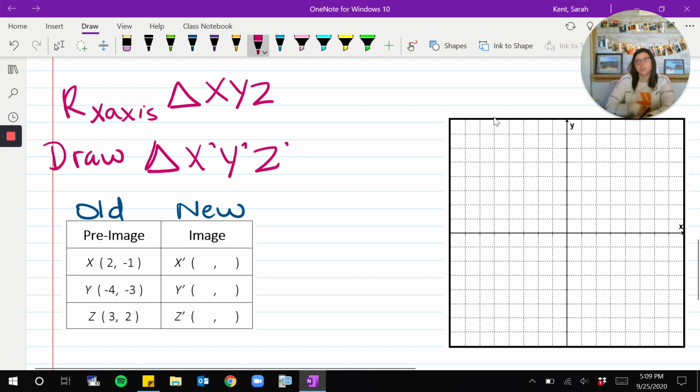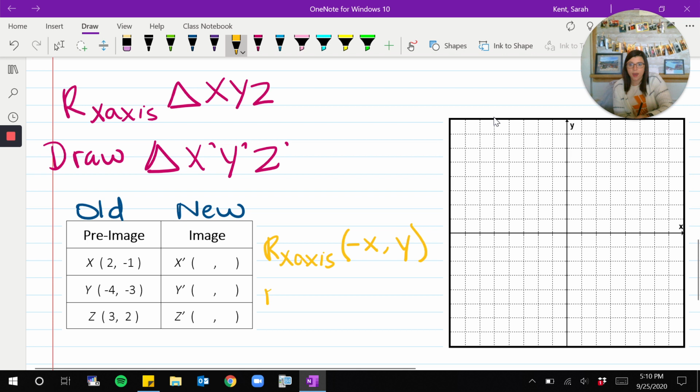So for reflections with the flip, it's not as easy as a slide where it tells you go back this many, down this many. But there is a rule that you can always follow. If you're reflecting over the x-axis, you will have an opposite x value, but the same y value.